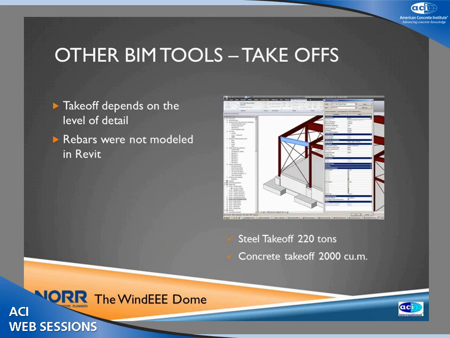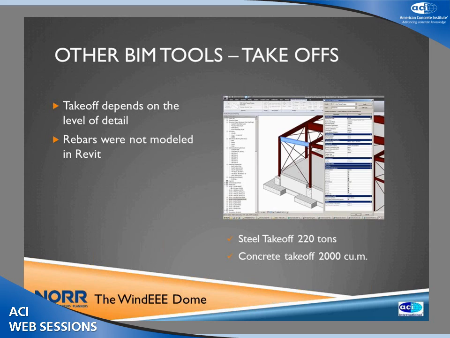For takeoff, we have automatically calculated the structural steel, excluding the miscellaneous steel, at about 220 imperial tons. The concrete takeoff is 2,000 cubic meters. That translates into 2,700 cubic yards for those who use imperial units.